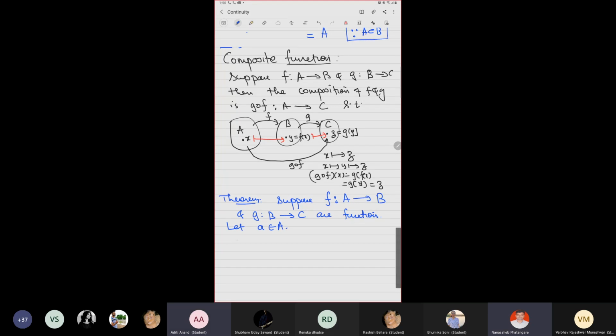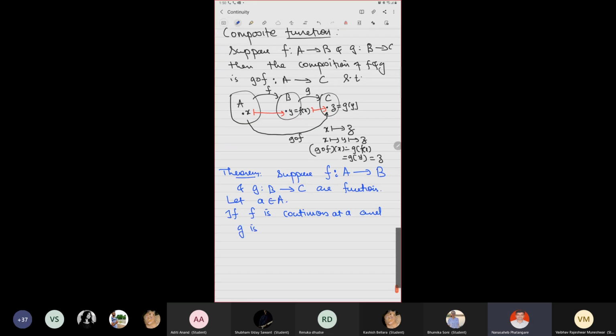In B, because the image of every element in A under f is in B. So if f is continuous at a and g is continuous at b, which is the value of the function at a, then the composite function g composite f from A to C is continuous at a. Is the statement clear?